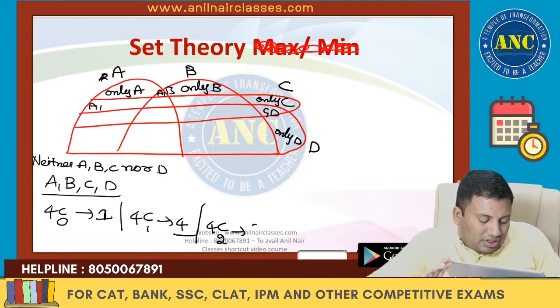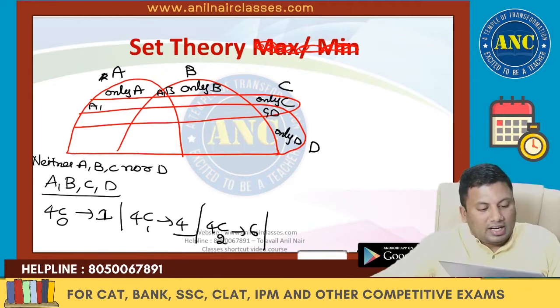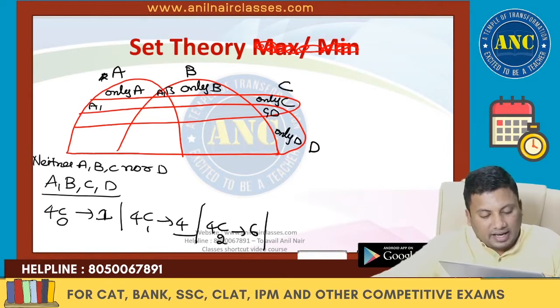4C2, which is nothing but 6. Right, there are 6 regions which have exactly 2 sets.